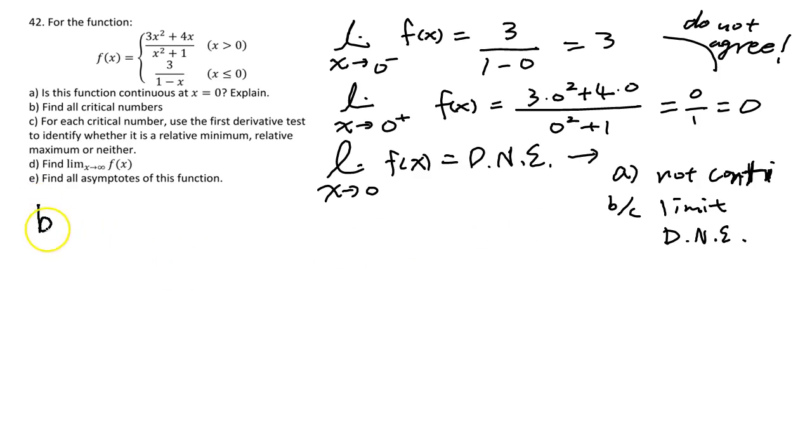Okay, now let's find all critical numbers. If you differentiate each function, let me get help from some mathematical software to differentiate. So let me see, differentiating (3x squared plus 4x) divided by (x squared plus 1) gives you the following.